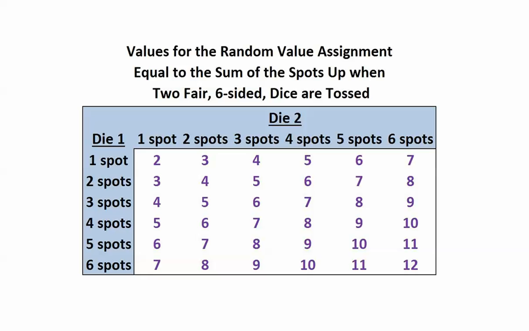We will get into the notion of random variables and random value assignments a little bit later on. I'm going to make this table available to you as a downloadable PDF for you to use and to write on. But there's 36 possible outcomes. If I roll snake eyes, I get 2 spots up. If I roll double sixes, I get 12 spots up, and everything in between.